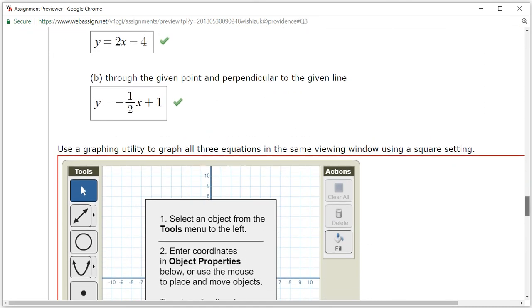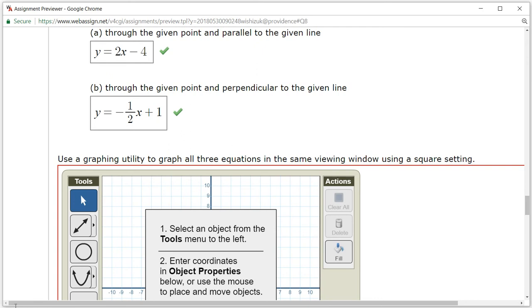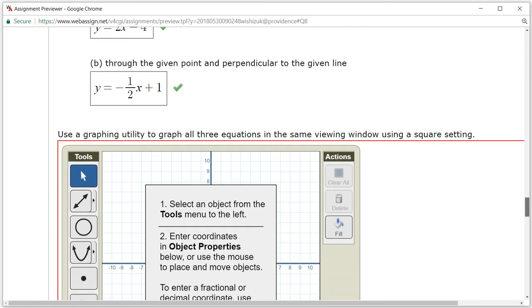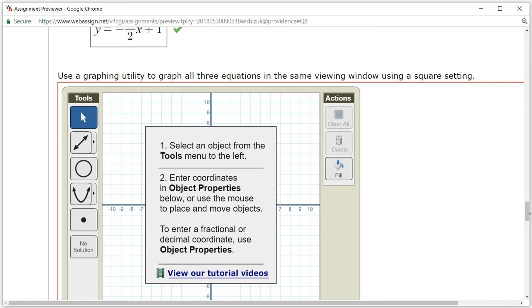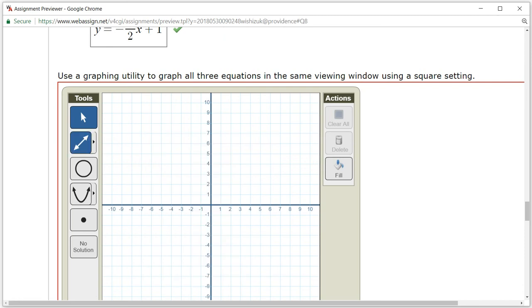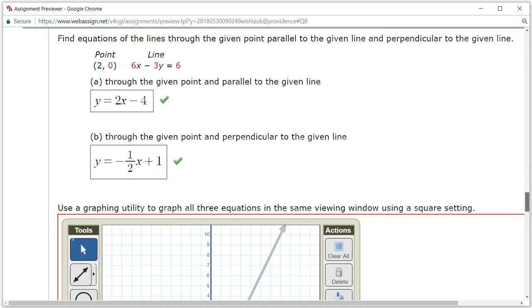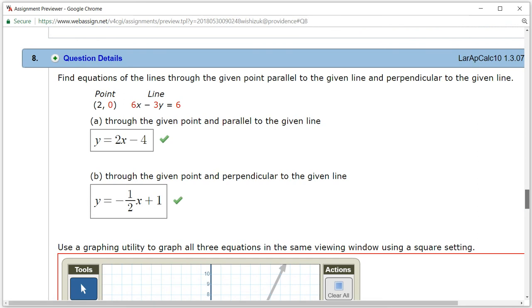We know that the y-intercept is negative 4, so we want to sketch the line going through negative 4, which is right here. Then the slope is 2, so you go 1 unit to the right, so the run is 1, and the rise is 2. That's the line from part A.